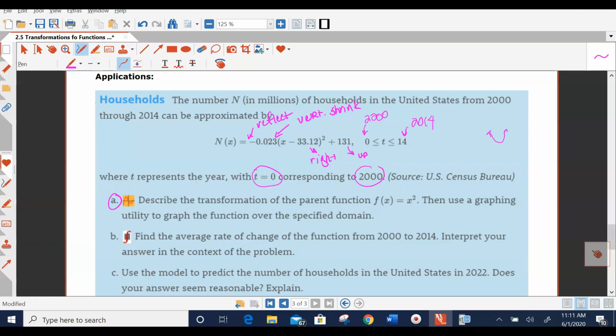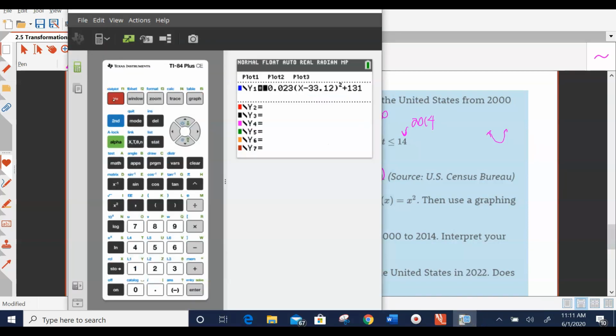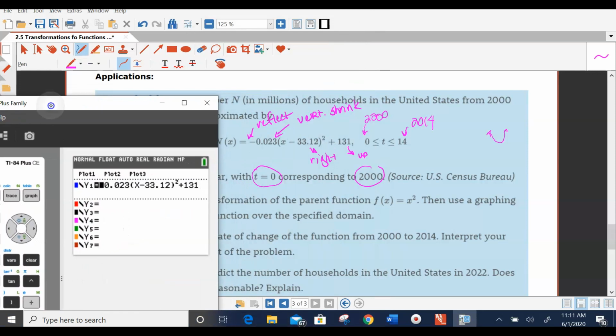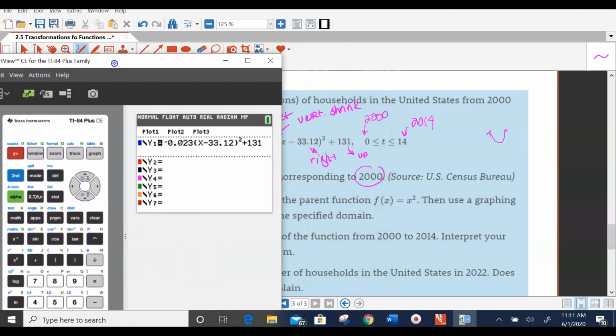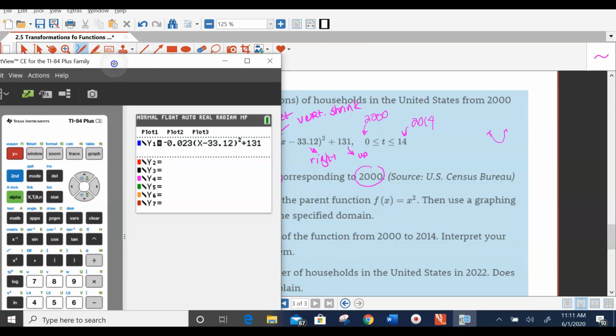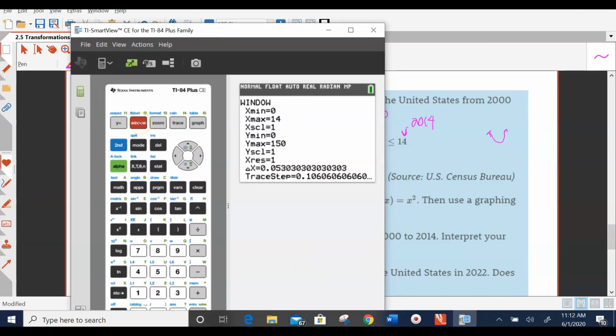Now, let's use our graphing utility to graph this. So, what I've done under y equals is I typed in the equation. Let me make sure I got it typed in the correct way. Yes, it is correct. But I want to graph it on this domain, 2000 to 2014. So I need to go to my window, and I need to let my x-min be 0, so that's 2000.